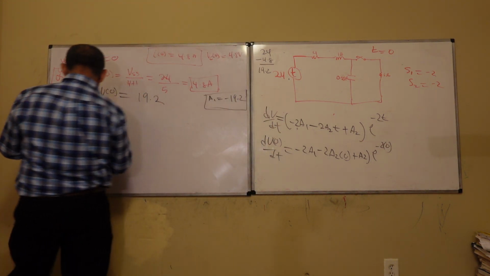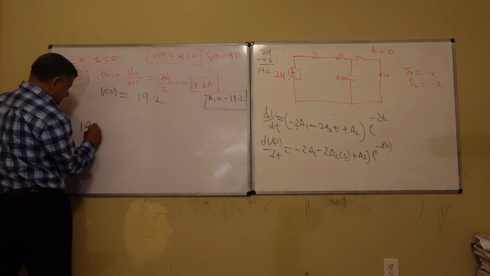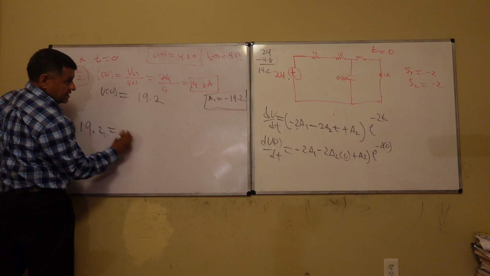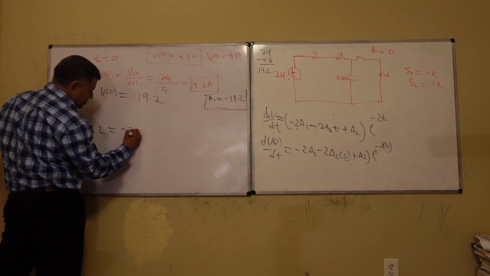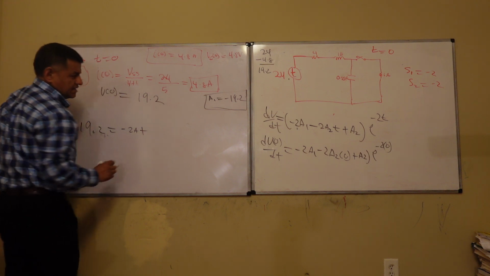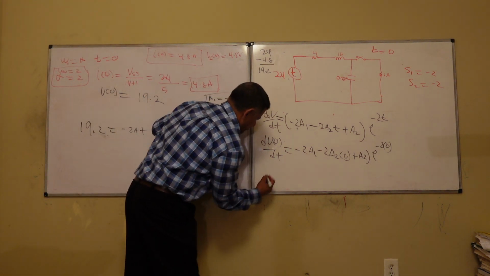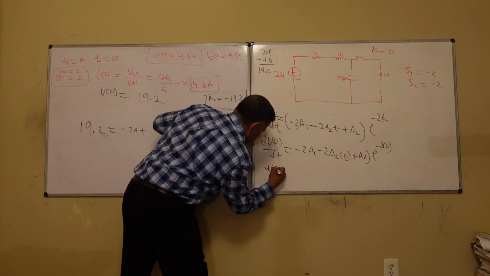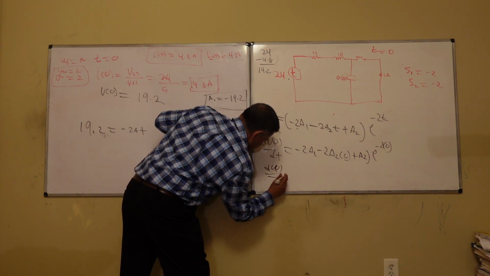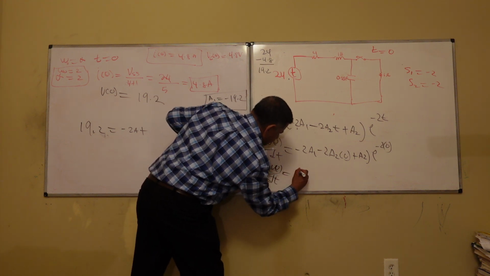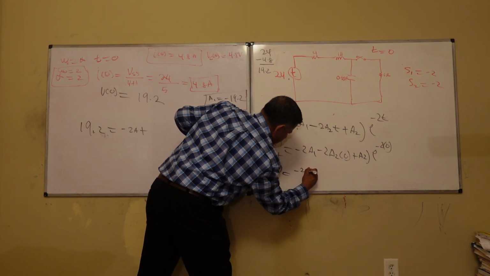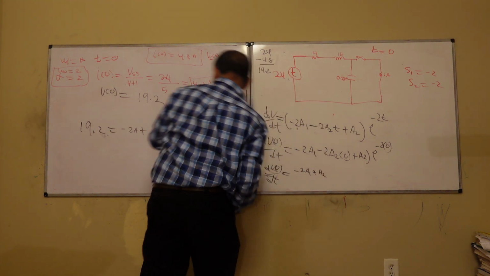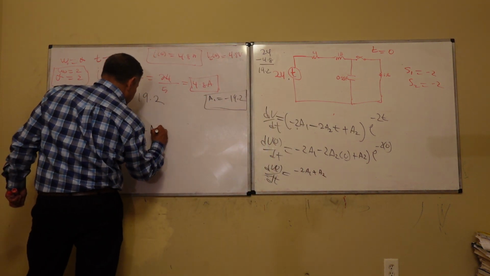So now we have 19.2 is equal to negative 2a plus what? So just to be clear right here, dv of 0 over dt is equal to negative 2a1 plus a2, right? So plus a2.